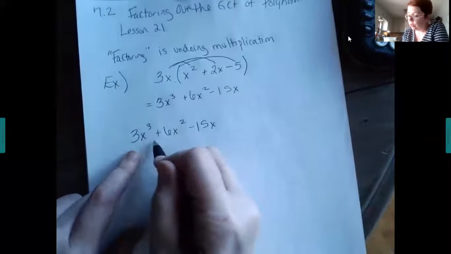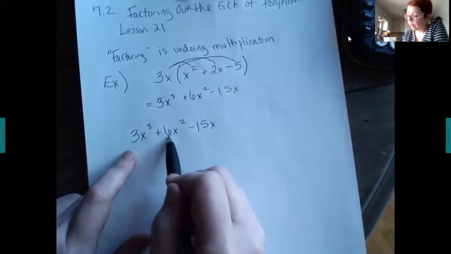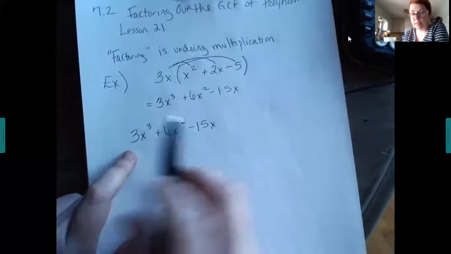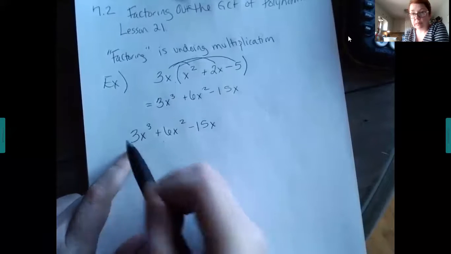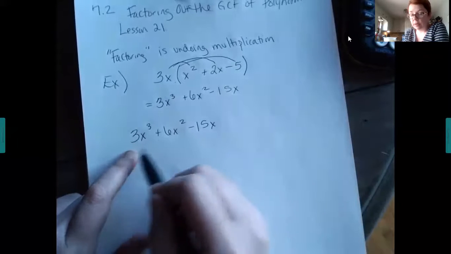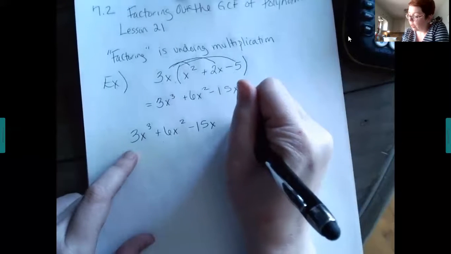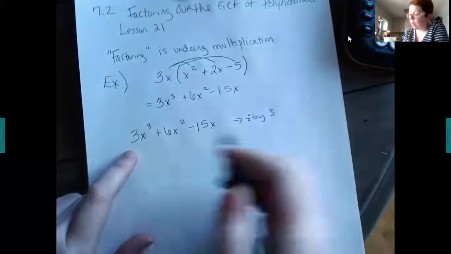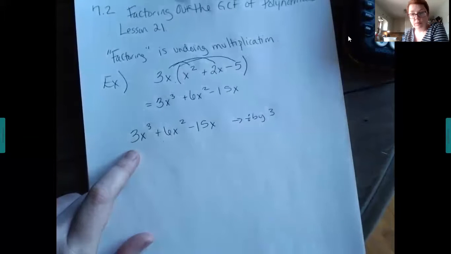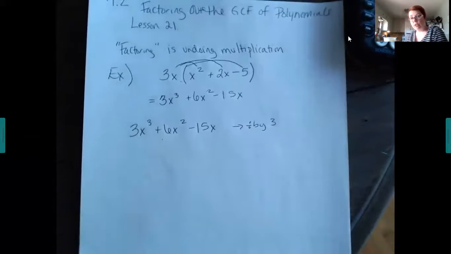So here you're going to ask yourself, what can I divide 3, 6, and 15 by that's in common? Well, I know I can divide 3 by 3, I can divide 6 by 3, and I can divide 15 by 3. Okay? So I know I can divide by 3. And then when I look at the variables, whatever they may be, I have to say, how do they share them in common, and how many do they share in common?